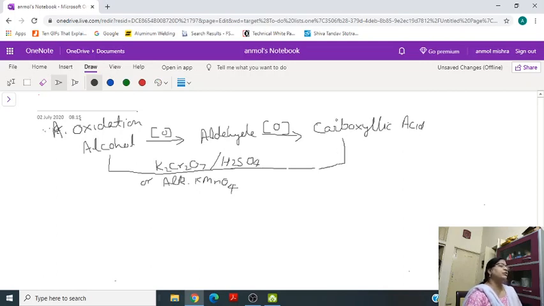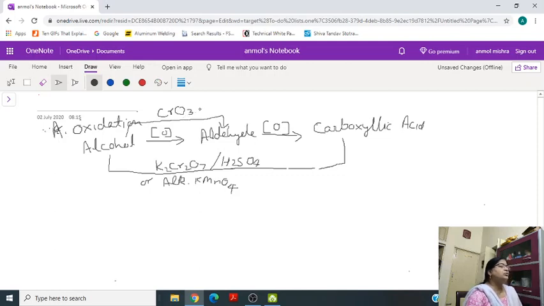But if we want to prepare aldehyde from alcohol, then we can use the reagent CrO3, that is chromium oxide.